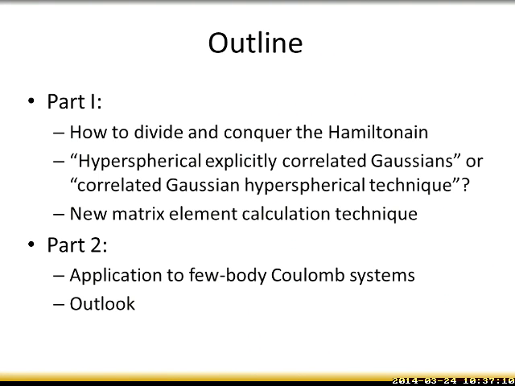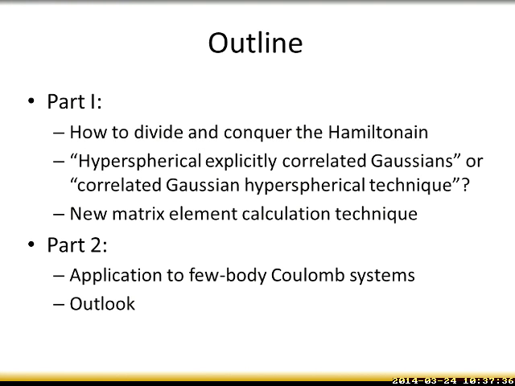This is kind of a joke to me because there was a Review of Modern Physics article put out last year, and Dirk is one of the co-authors, in which everything that Javier had done we called the correlated Gaussian hyperspherical technique. In the review article it's called hyperspherical explicitly correlated Gaussians, but it's all the same. I probably should stick with what's in the review article if I want to be more modern.